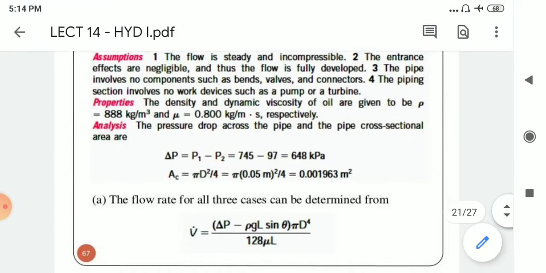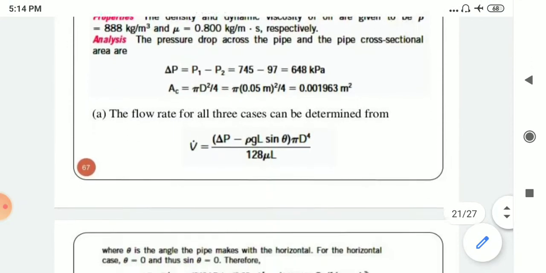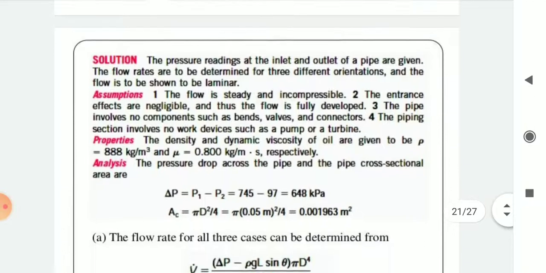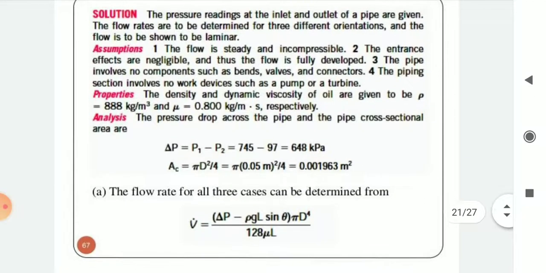Solution: the pressure readings at the inlet and outlet of a pipe are given. The flow rates are to be determined for three different orientations and the flow is to be shown to be laminar.